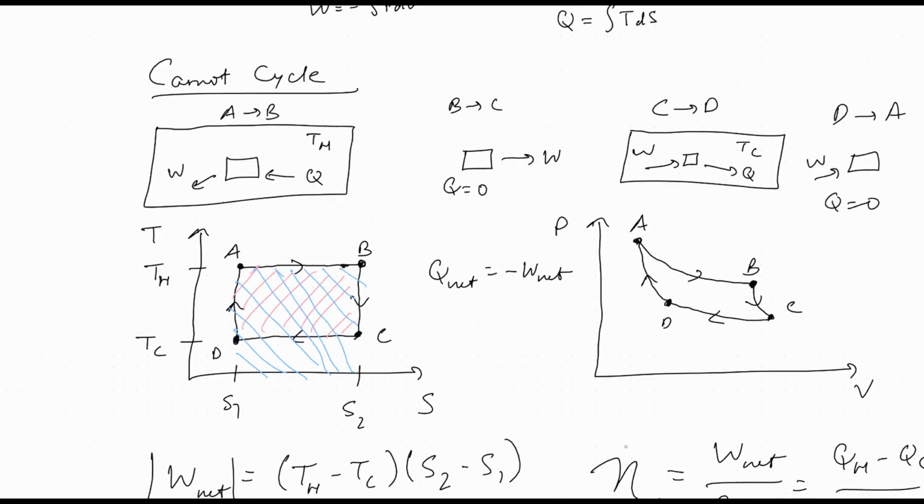Which means that the net efficiency is equal to 1 minus QC over QH. And by the way, I forgot to define QC. QC is the area under the rectangle on the bottom. So this is the heat rejected. So this is TC times S2 minus S1.